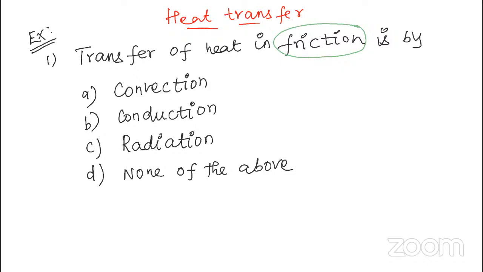So in this process, it needs a medium, and there is no particle motion. That is the clue. It needs the medium, and there is no particle displacement. Only the heat is exchanged from one to the other. So which category is it under? That is the question.